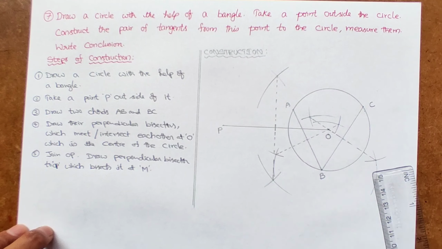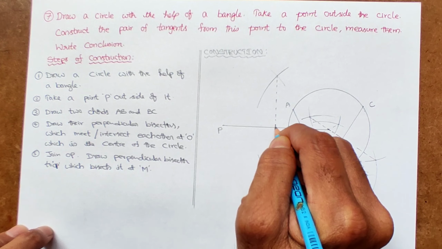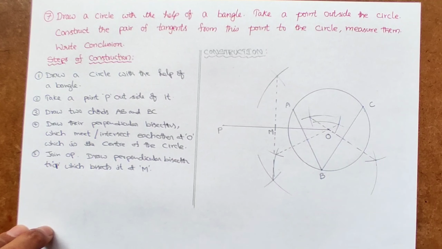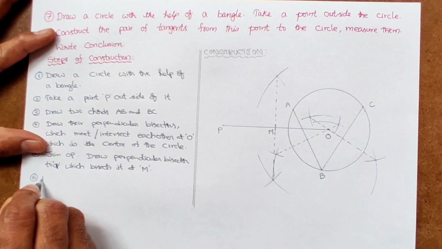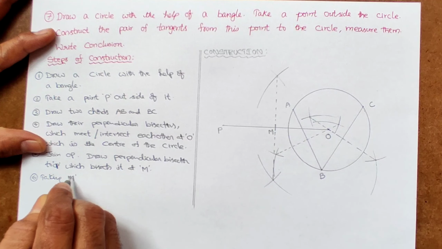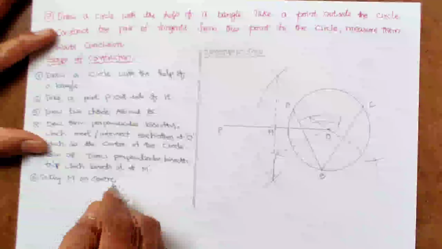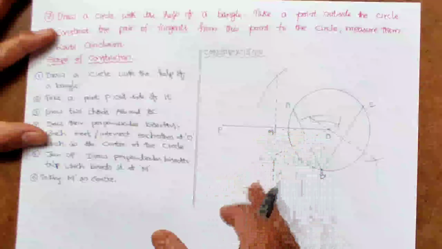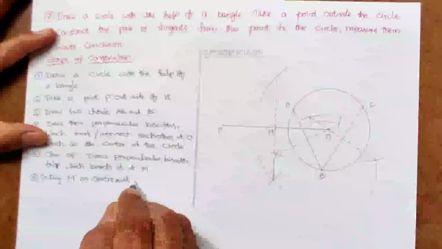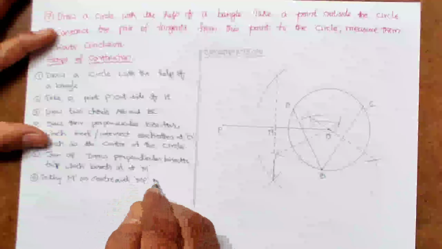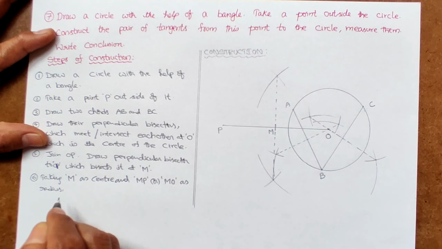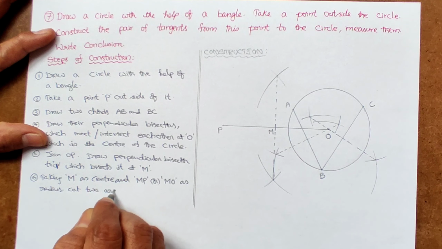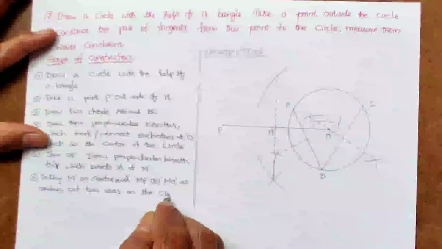So let us consider this point as M. Now what we need to do here, taking M as center, MP or MO as radius, cut two arcs on the circle.